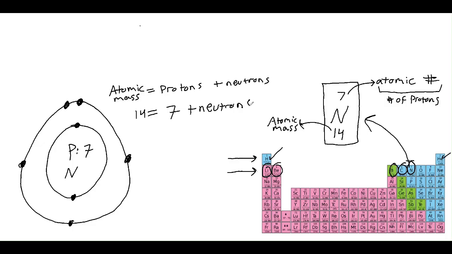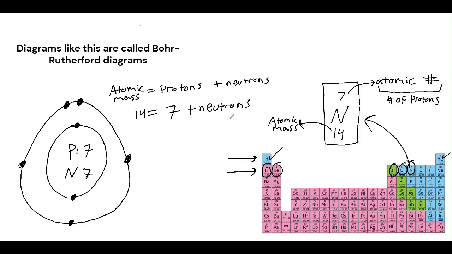So with simple math, we can say that the number of neutrons must be 7 to make this equation work. So that is a very handy equation to know: the atomic mass equals the number of protons, or we could say the atomic number, plus the number of neutrons.